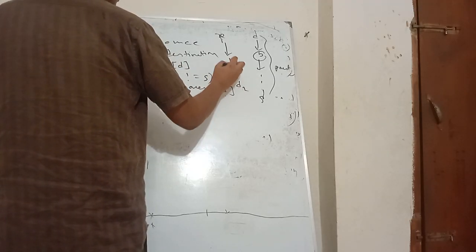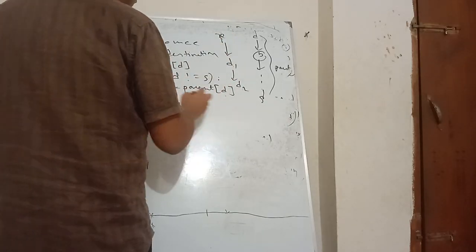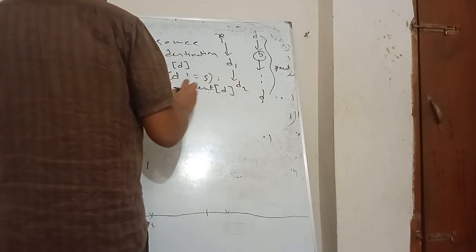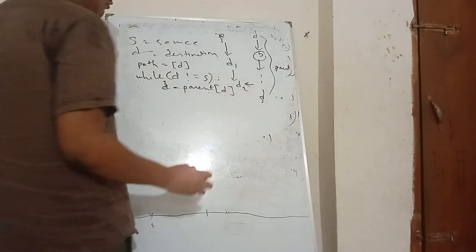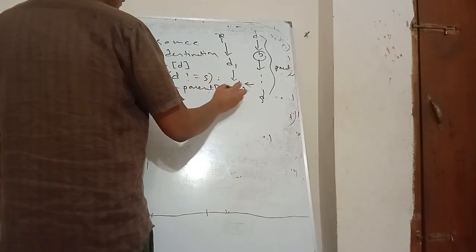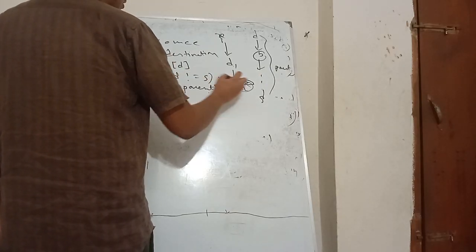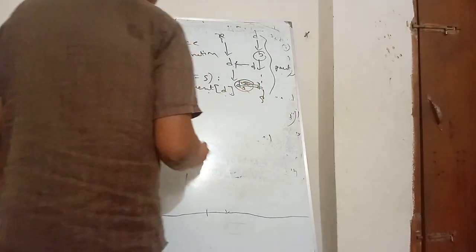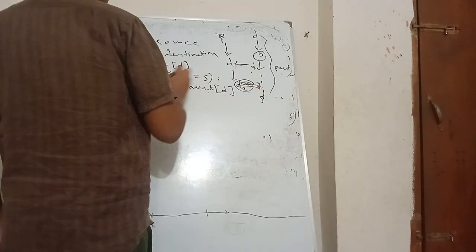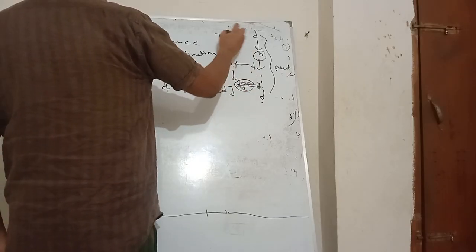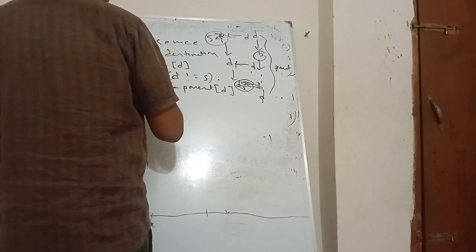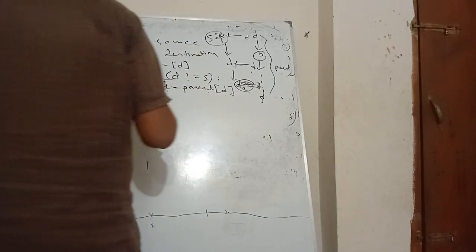Parent of D2 is D1, then P. So D equals parent of D. So it was pointed here. Now D equals parent of D, now D is pointed here. Again, after this while loop, it will be pointed here. If P equals source, then this loop stops.